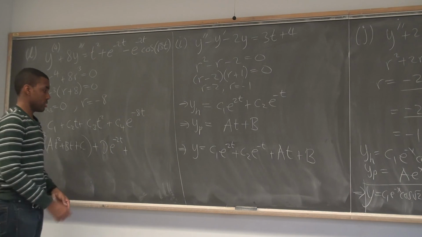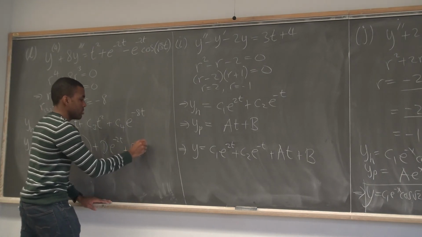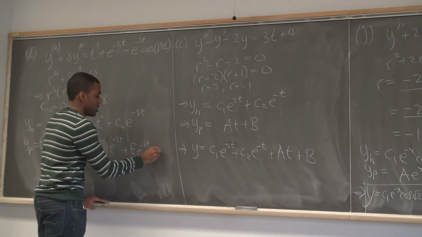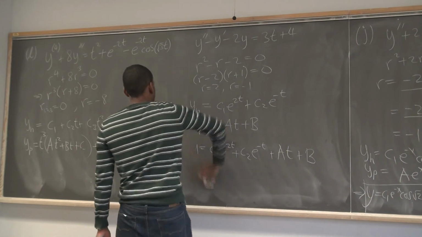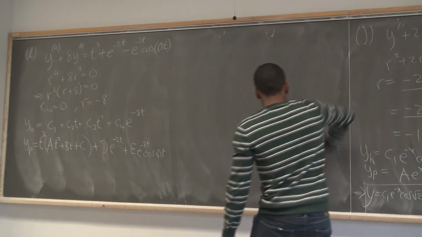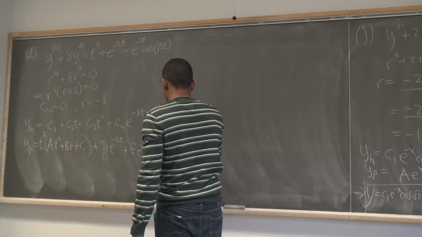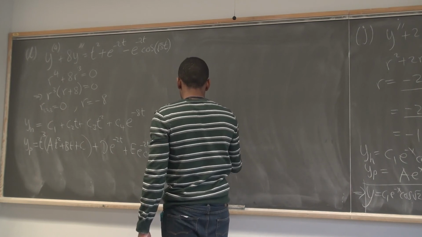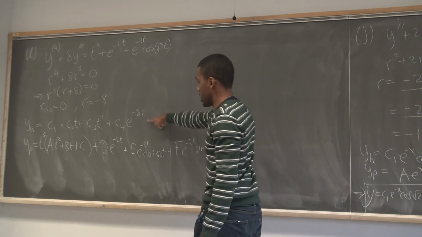What about this one? E. E to the cosine radical 3t. Plus f e to the minus 2t sine squared 2t. And again, that doesn't look like anything here.